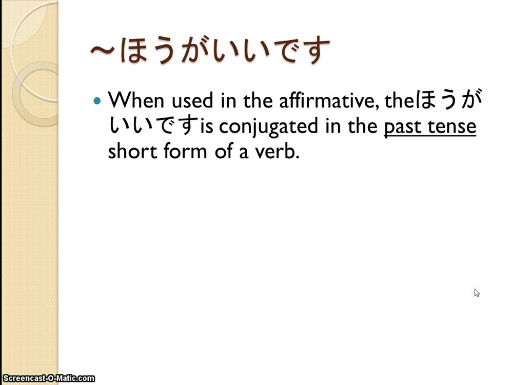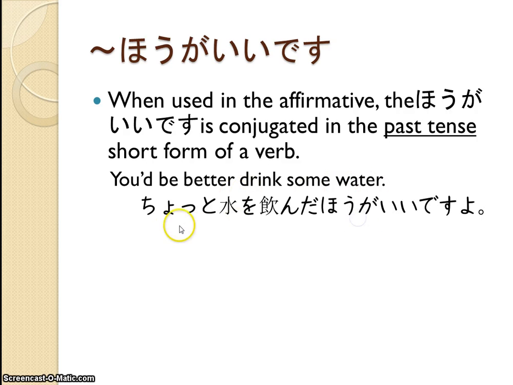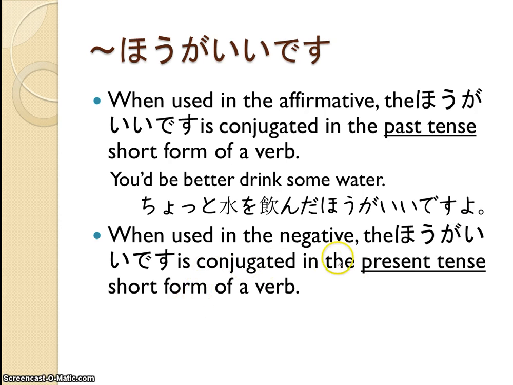Okay, so when used in the affirmative, 方がいい is conjugated with the past tense, short form of a verb. So you're using the past tense and it would go right in front of this. You'd better drink some water. ちょっと水を飲んだ方がいいですよ. When you use a negative, 方がいいです is conjugated with the present tense form of a verb. Now, this is confusing.